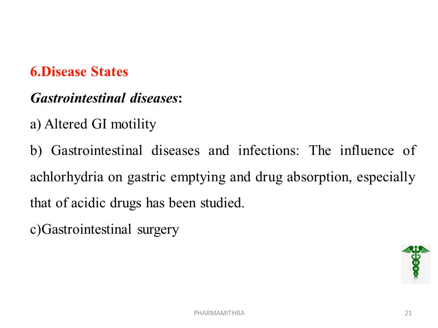And the GI infections such as shigellosis, that is a diarrheal disease caused by the gram-negative bacteria Shigella, also gastroenteritis, cholera, food poisoning, colitis, amoebiasis, etc. may affect the absorption. And the third disease state is the gastrointestinal surgery, that is gastrectomy.